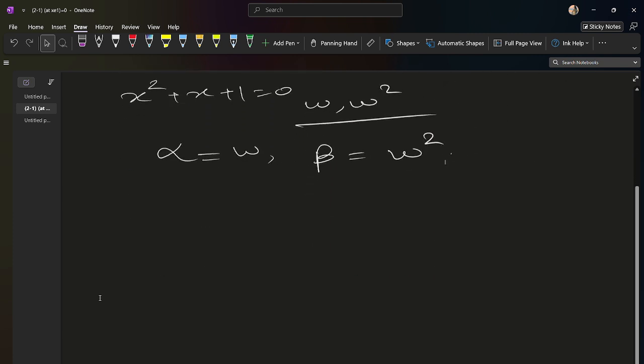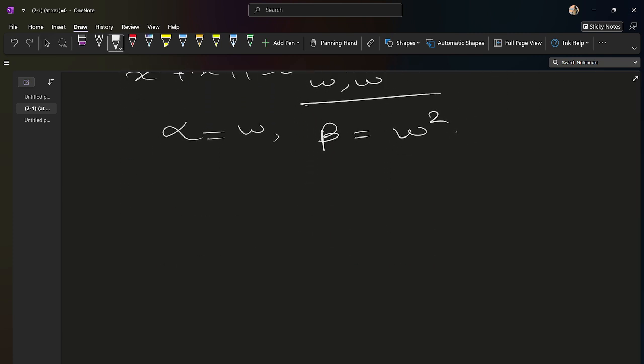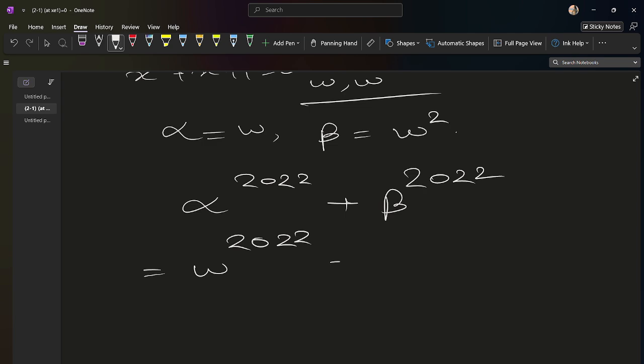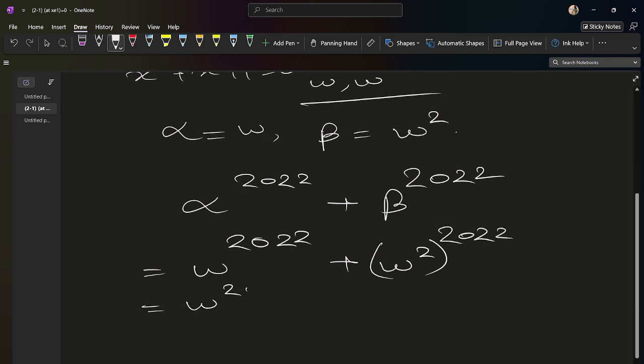So alpha to the power 2022 plus beta to the power 2022 equals omega to the power 2022 plus omega square to the power 2022, that is omega to the power 2022 plus omega to the power 4044.